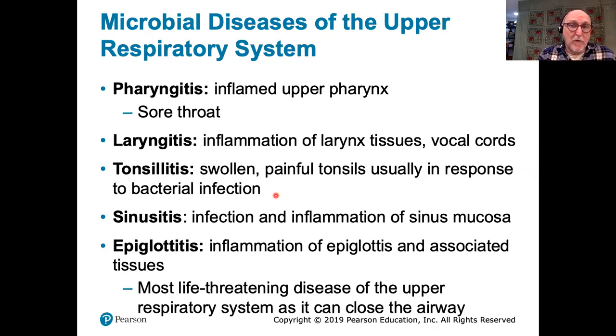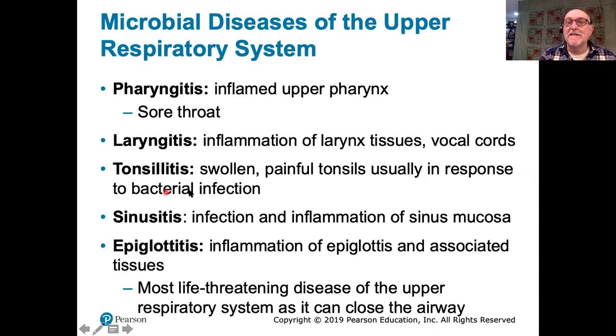This is especially important in children. Now, in the old days, they used to immediately whip out your tonsils. Tonsils and adenoids were routinely removed, even if they weren't diseased, when children were 7 or 8 years old. Nowadays, that is not done so much. Tonsils tend to be left as long as possible or forever. Most of you have probably still got your tonsils.